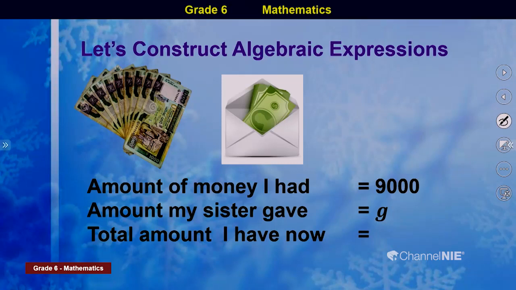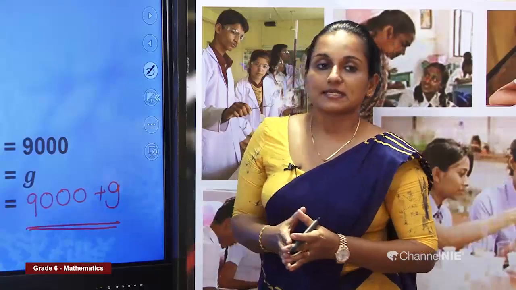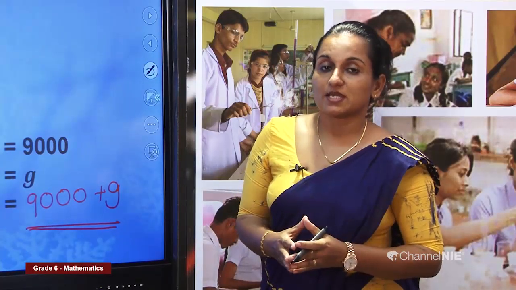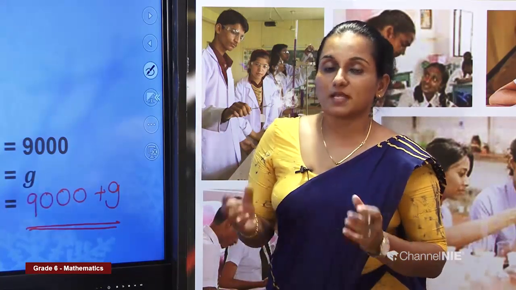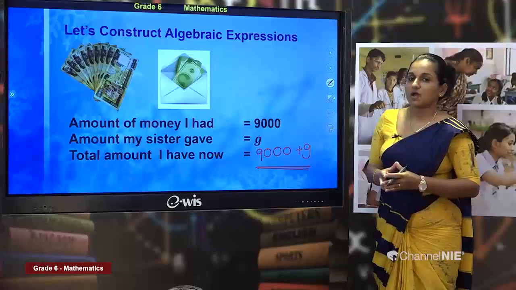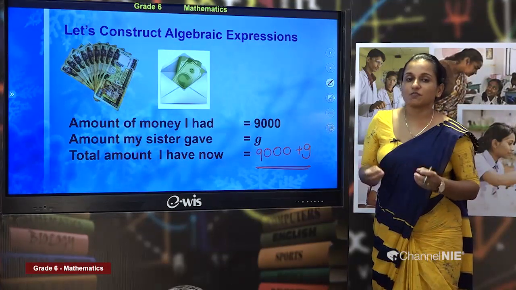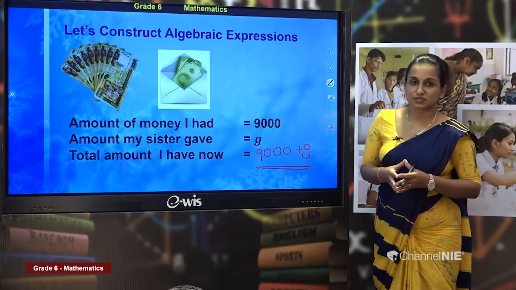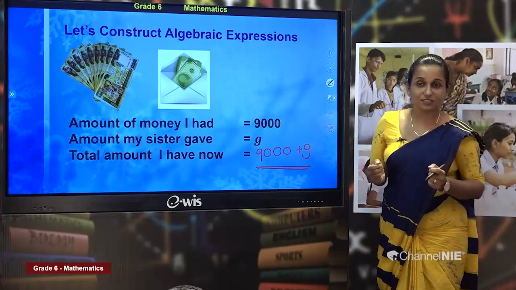Amount my sister gave is G. Then the total amount I have now is 9,000 plus G. Now this is an algebraic expression. It has a number, mathematical operation and also an algebraic symbol. I hope you got the idea of building algebraic expressions. Shall we move to another activity?